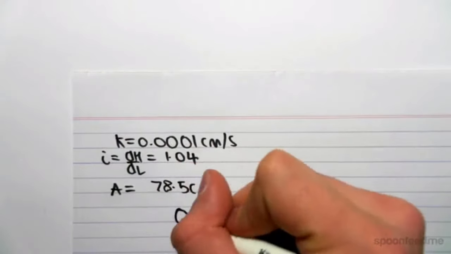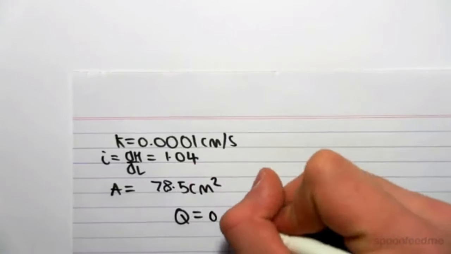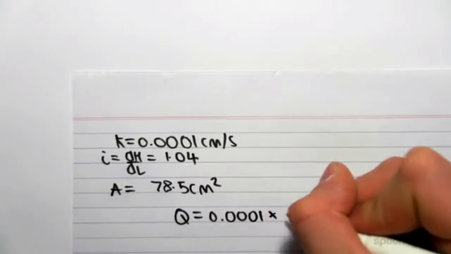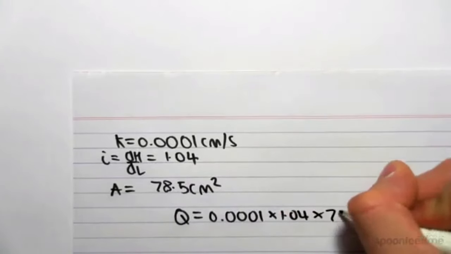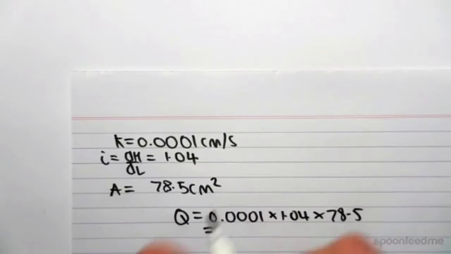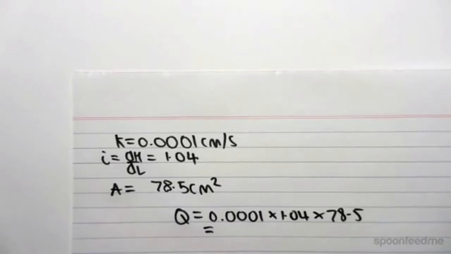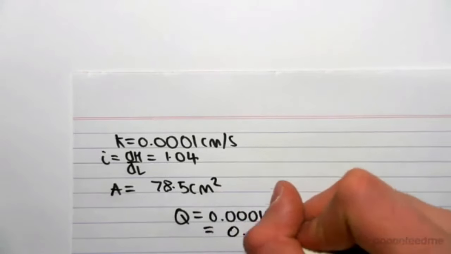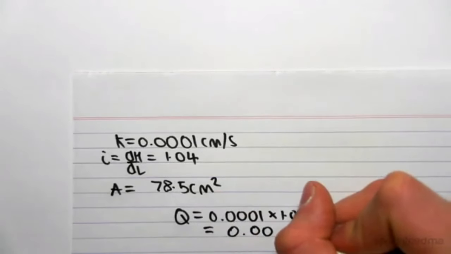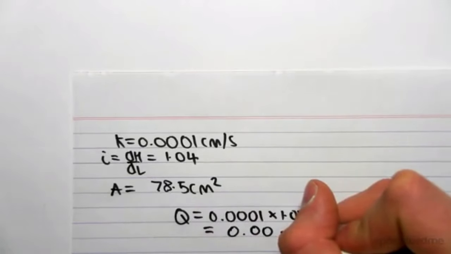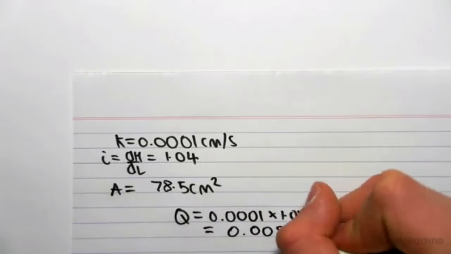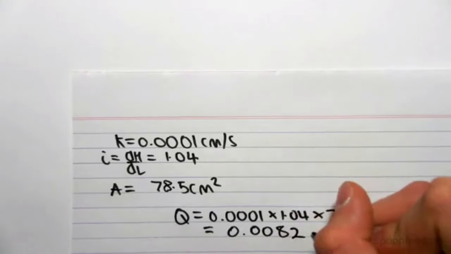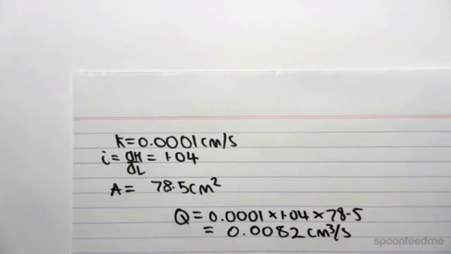Okay, which means I can now work out Q will equal 0.0001 by 1.04 by 78.5, and if I calculate that, I get 0.0082 centimeters cubed per second.